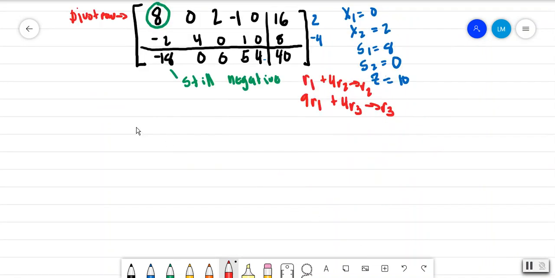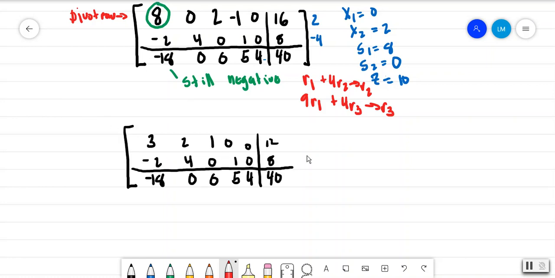Okay, so let's start creating our new tableau. We're going to get a new row 3, and we're going to get a new row 2. But we want to do this in a way that, oh, actually this whole row is different. Yeah, okay.